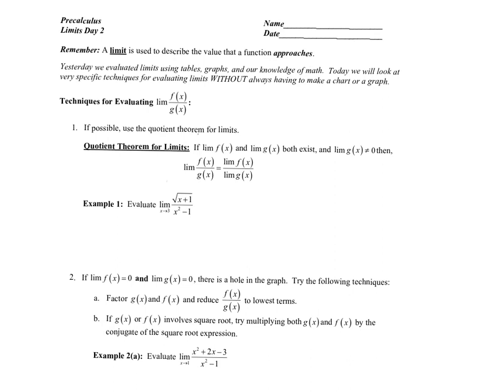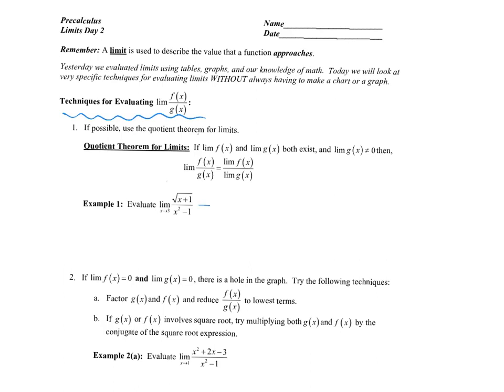So if you look at the example here, a technique for evaluating that limit is: if the limit of f of x, the numerator, and the limit of g of x, the denominator, both exist, and the limit of the denominator does not equal 0, then you can simply take the limit of the numerator divided by the limit of the denominator.